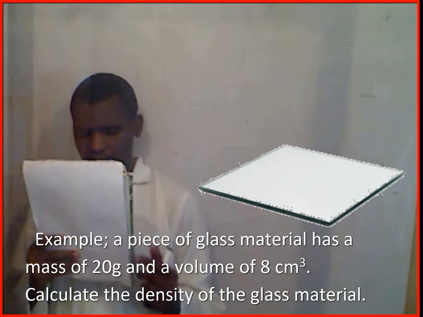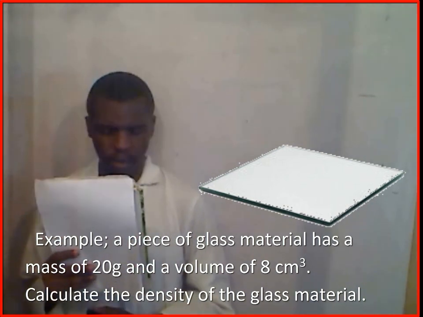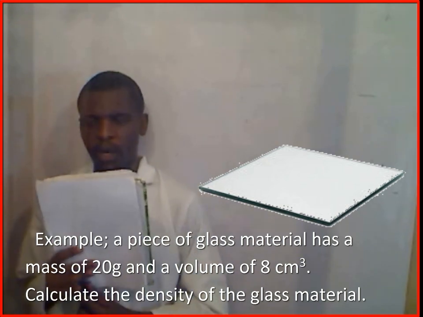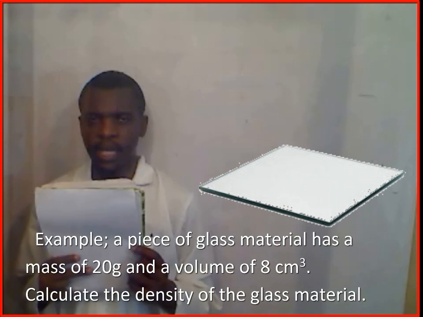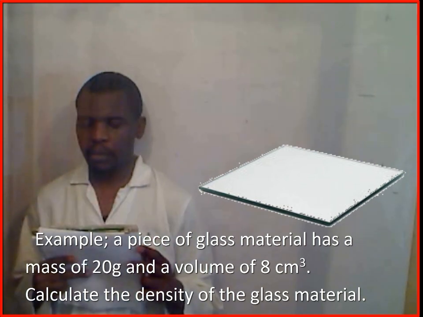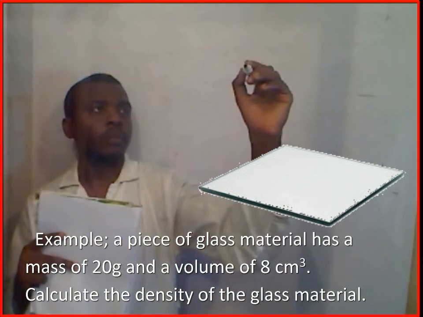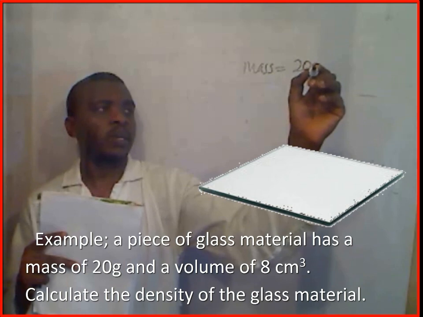A piece of glass material has a mass of 20 grams and a volume of 8 cm cube. Calculate the density of the glass material. Mass is 20 grams.